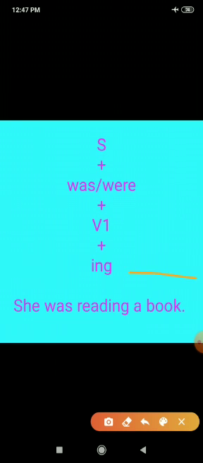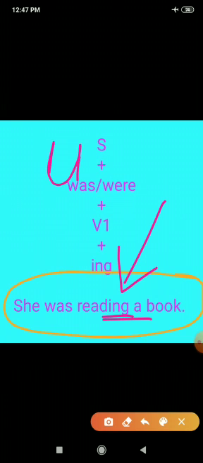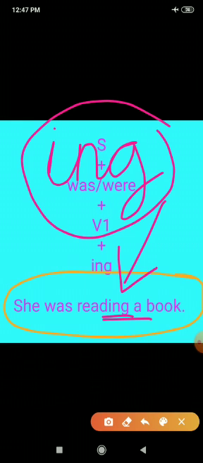Let's look at this sentence. She was reading a book. This sentence is in past continuous tense. First of all, there is ending ing. This ending tells us that we are talking about continuous tenses. Was tells us that it is past continuous tense.